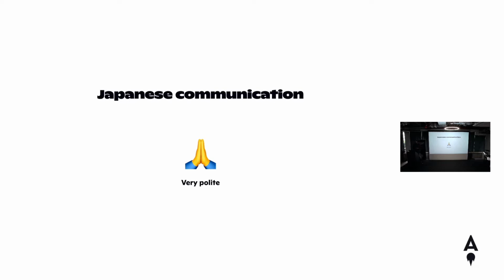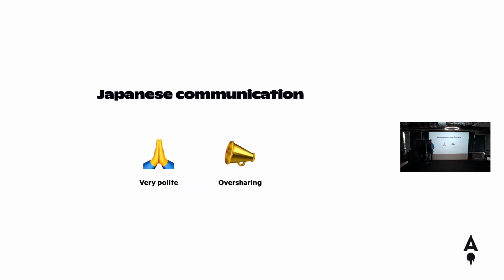We are way more critical than the Japanese, and they are pretty sensitive to feedback. So keep in mind that Eastern cultures are a little bit more sensitive about this. And the other thing, which we still thought was pretty bad, was oversharing.